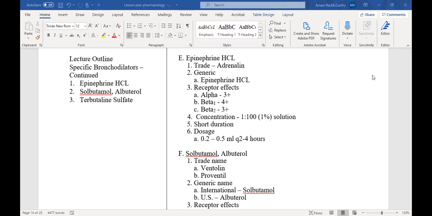Or if they have blood loss, their pressure is going to drop. So the nurses will give them IV epinephrine. This is not for bronchodilation. This is simply to keep the patient alive. This is liquid adrenaline. It's short duration, that's why they usually have to use it on an IV drip. Dosage is 0.2 to 0.5 milliliters every 2 to 4 hours.